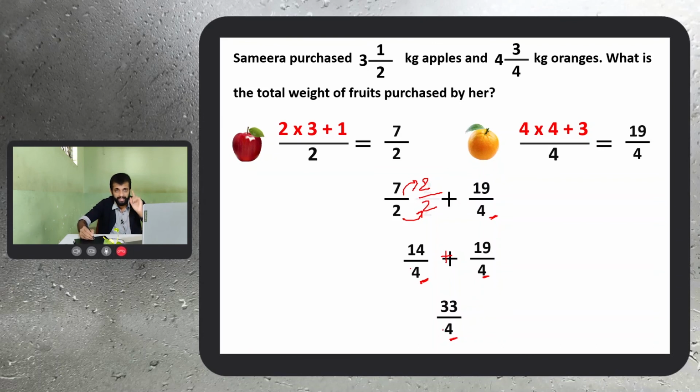So understand that whenever there are two different denominators for a fraction, you can't add. If there are two different denominators, you can't even subtract them.